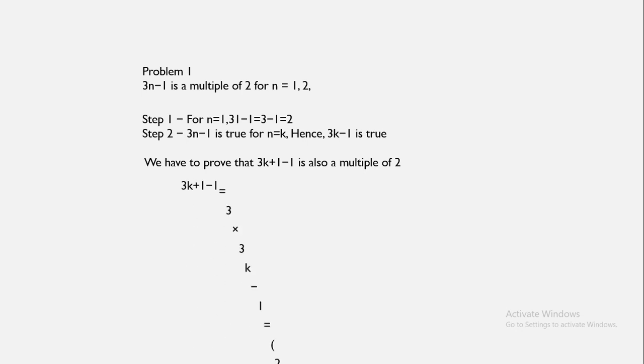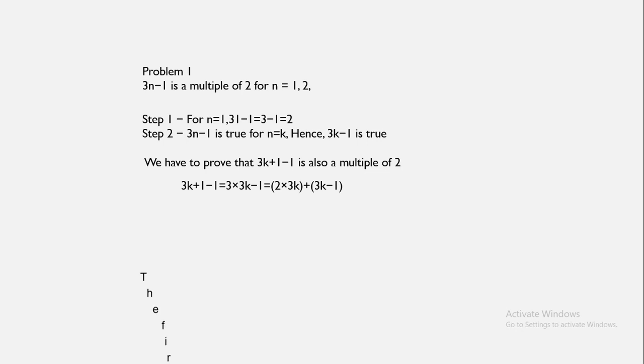So let's start. We have to prove that 3^(k+1) minus 1 is also a multiple of 2. 3^(k+1) minus 1 equals 3 times 3^k minus 1, which equals 2 times 3^k plus 3^k minus 1.